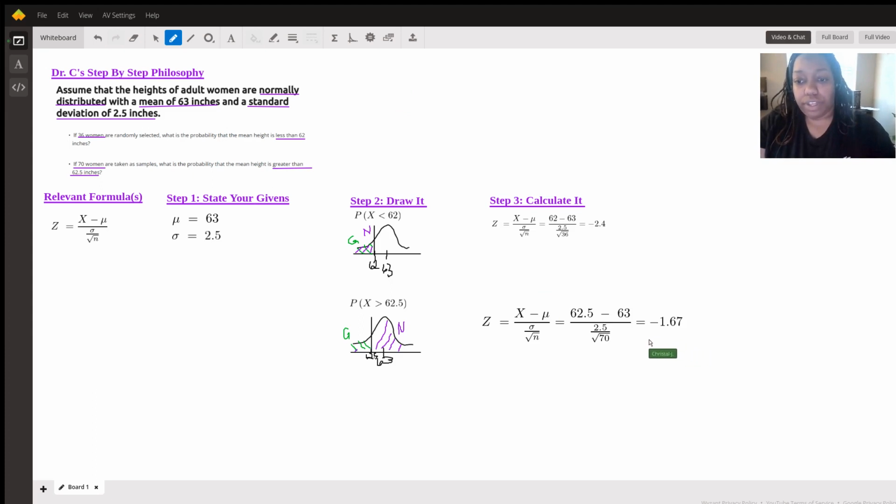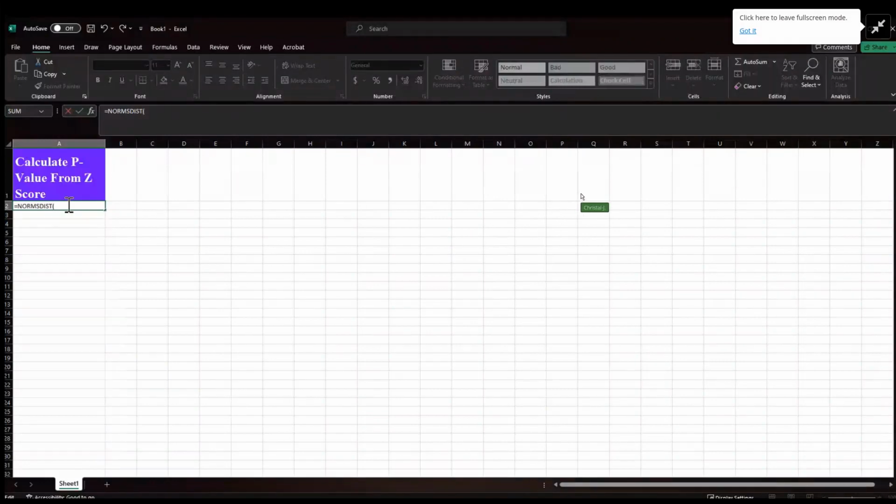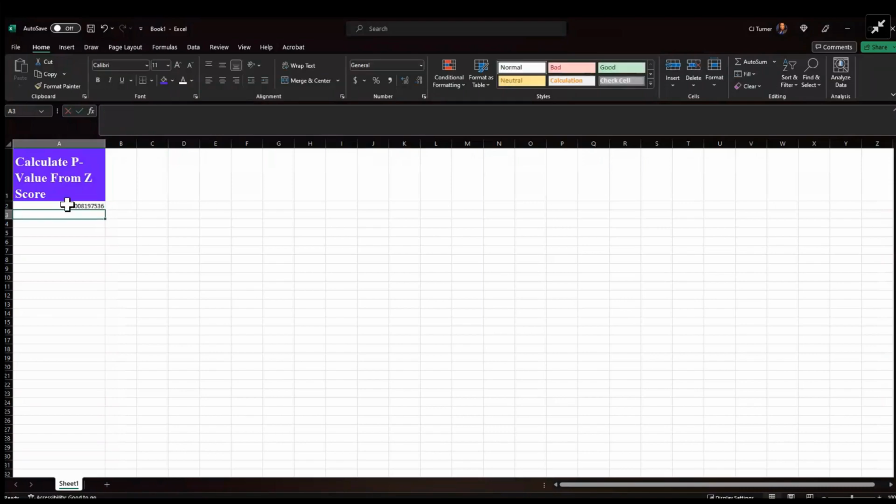Okay, perfect. So now that we actually have the z-score, you're going to need to figure out what the probability is. My recommendation is, if you have a TI-84, you can do that, or you can go to Excel and use the norm function. You're going to do NORM.S.DIST, and then you're going to put negative 2.4 for the first one.